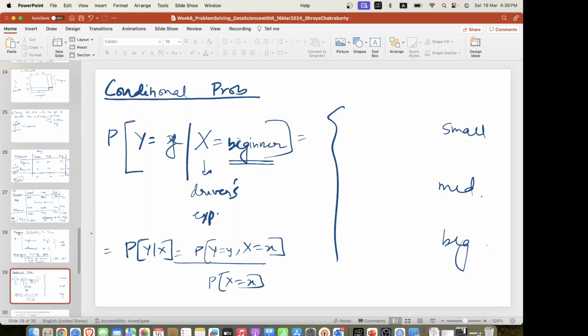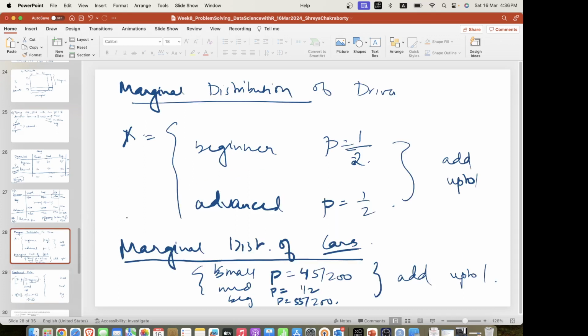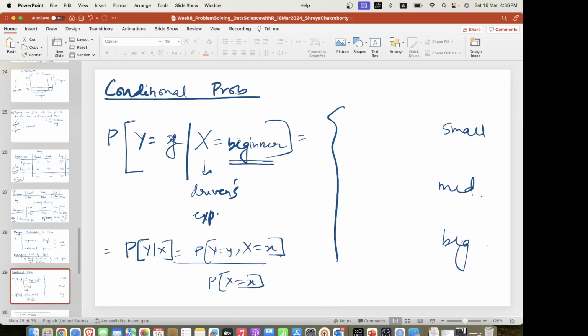So, here the probability that he is a beginner is how much? From here, beginner is half. So, this would be half. This is probability Y given X, which is probability of Y equal to y and X equal to x, divided by probability X equal to x.